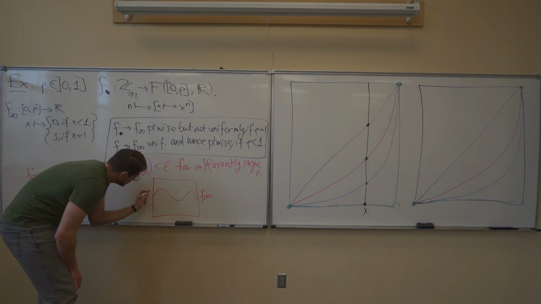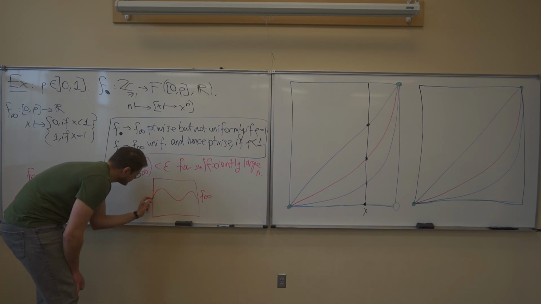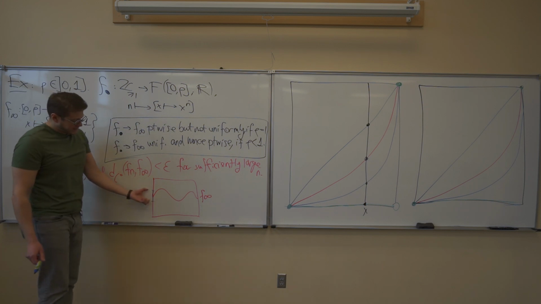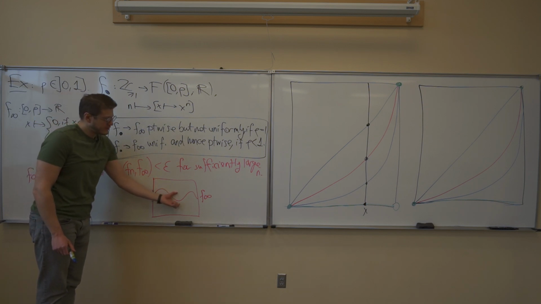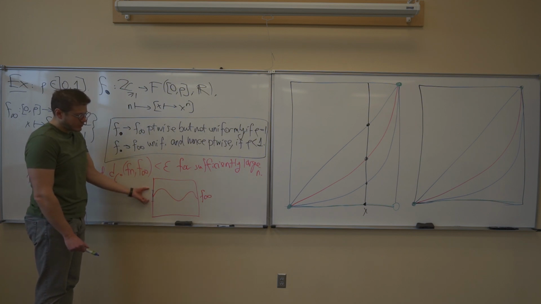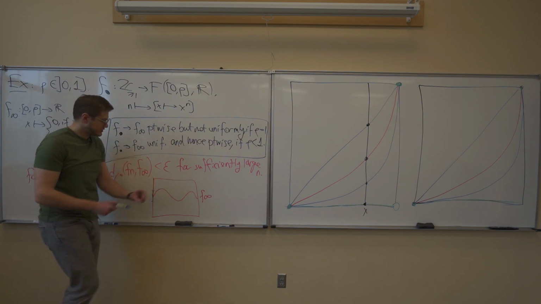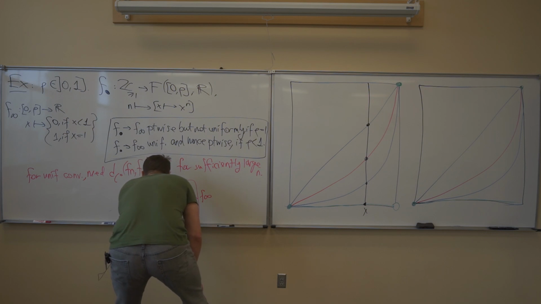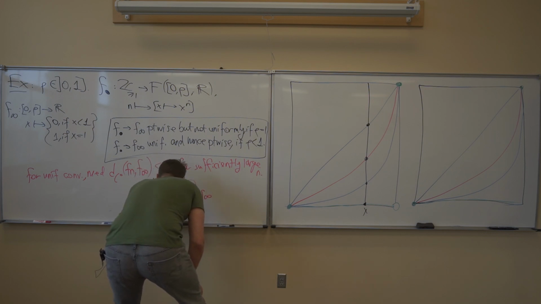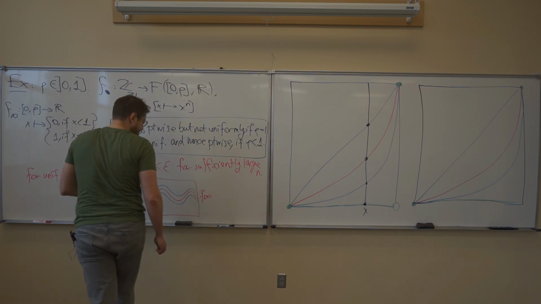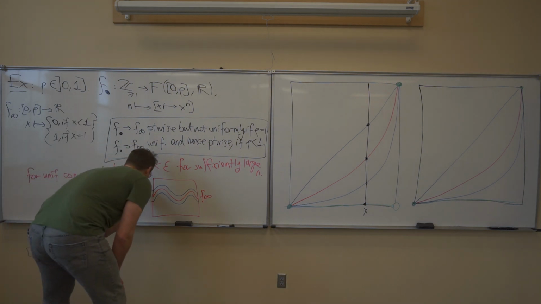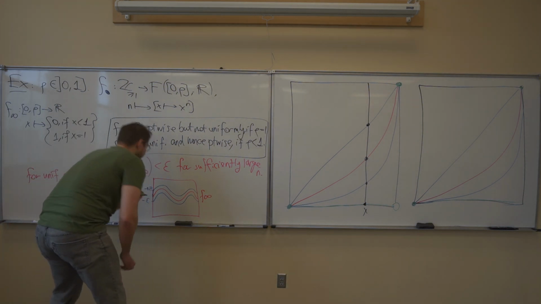So let's start here, for instance. Let's say this is plus epsilon, this is minus epsilon. So I have a candle. I'm going to keep moving this candle in such a way that its center is always on the graph of f infinity, and its length is 2 epsilon. So I'm just going to sweep it like this. So approximately it looks like this then. This is plus epsilon, this is minus epsilon.